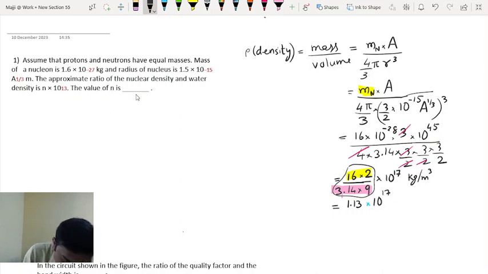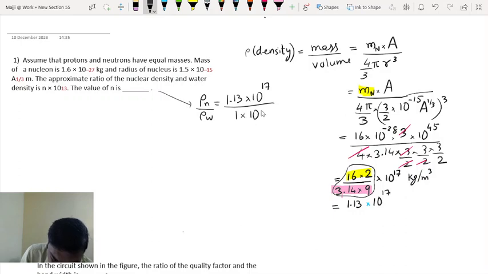Now the required ratio will be density of nucleus upon density of water. So density of nucleus is around 1.13 into 10 to the power of 17. You all know that density of water is around this much in kg per meter cube.